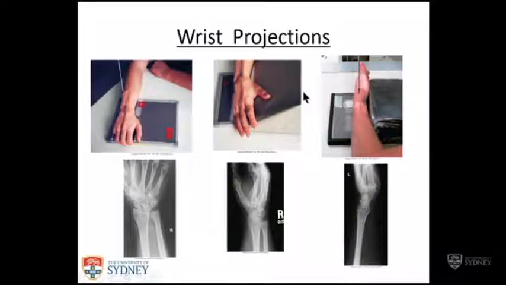I'll turn the lights out because this is really important, because you'll get caught with this. And it's something that'll catch you out all the time with doing obliques. And you'll say, gee, if I set it mid-styloid, my collimation's not right.